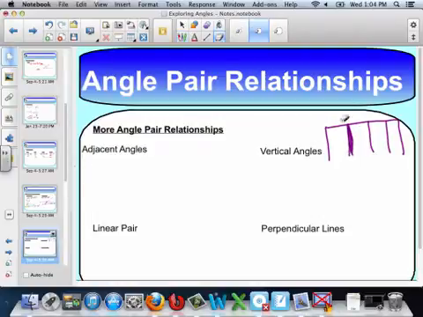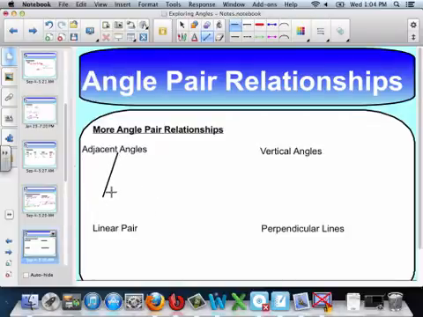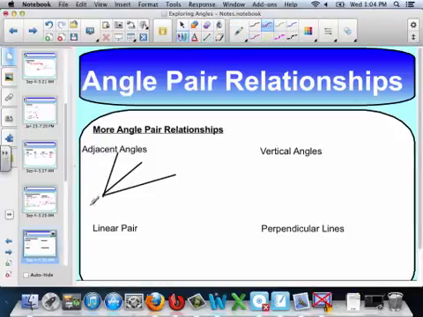Okay, so if you are an adjacent angle, what that looks like is you have a normal angle, but then the two angles actually share a side. By definition, adjacent angles share two things. They share a vertex.